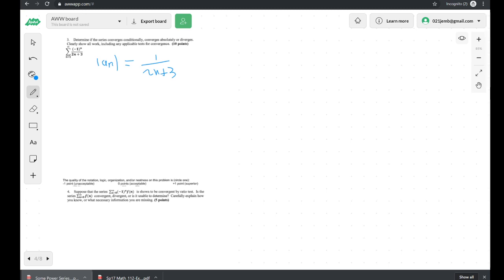But one thing we can do is use one of the comparison tests, right? We can use the limit comparison test. So we can say that our b sub n that we're trying to compare to a sub n is going to be 1 over n, right? Because over here we have simply a first power of n on the bottom.